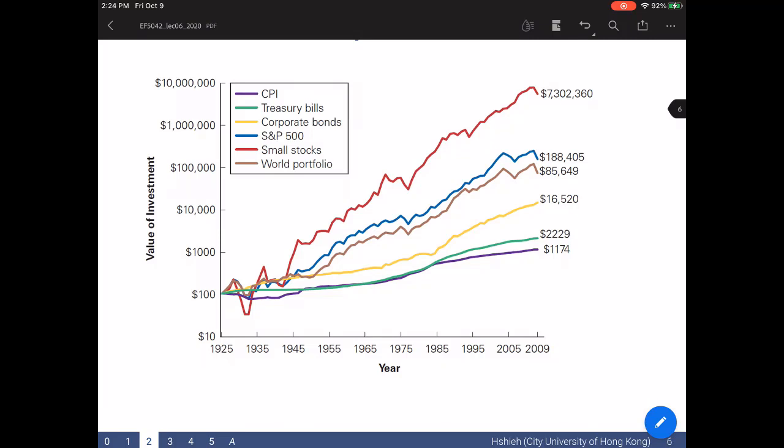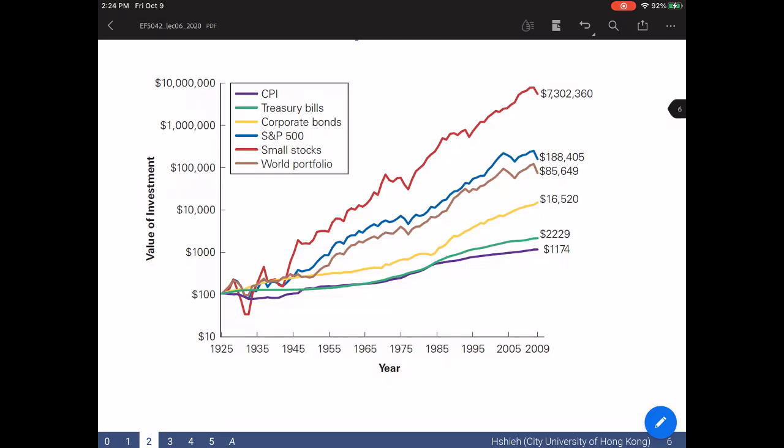The red line represents small stocks from around the world, and small stocks meaning these are low market capitalization, these are small firms and therefore more risky. And lastly, the world portfolio is a portfolio of all stocks for all firms across the world.